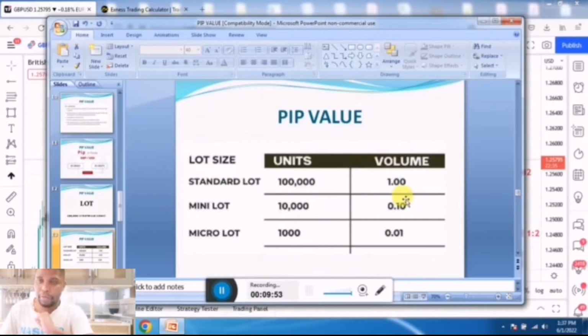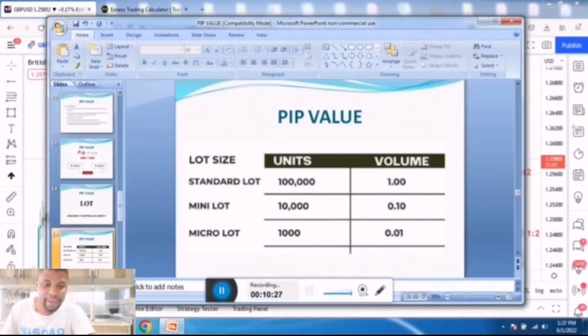On MT4 platforms, a 1.00 is a standard lot there. Even on any platform, 1.00 is a standard lot. Then a mini lot is 10,000 units of the base currency, which is 0.10 lots, which is the volume. And a micro lot is 1,000 units of the base currency, which is 0.01.